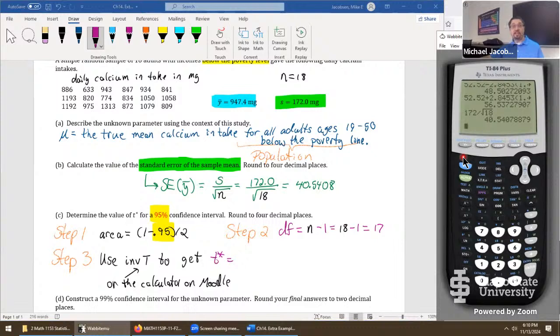If you're using this calculator here, at second vars, punch 4 for option 4, inverse T, and it reset on me. I'll go 1 minus 0.95 divided by 2 on the first line. Second line, put in 17 degrees of freedom, and that should do it for us. So in my calculator, let me know if you're getting something different. I'm producing a critical number 2.1098.